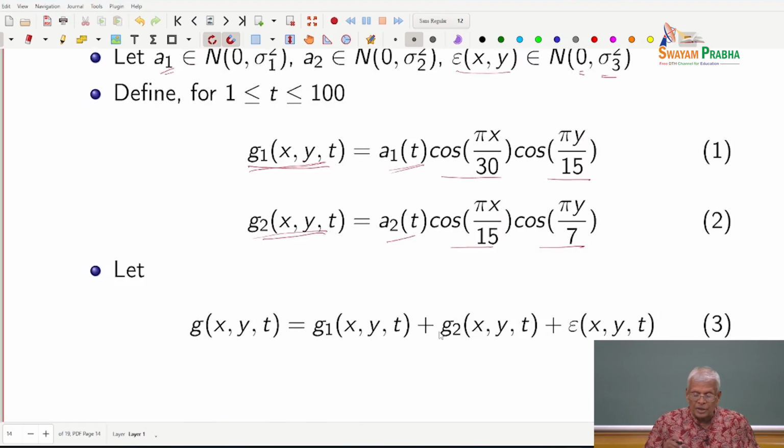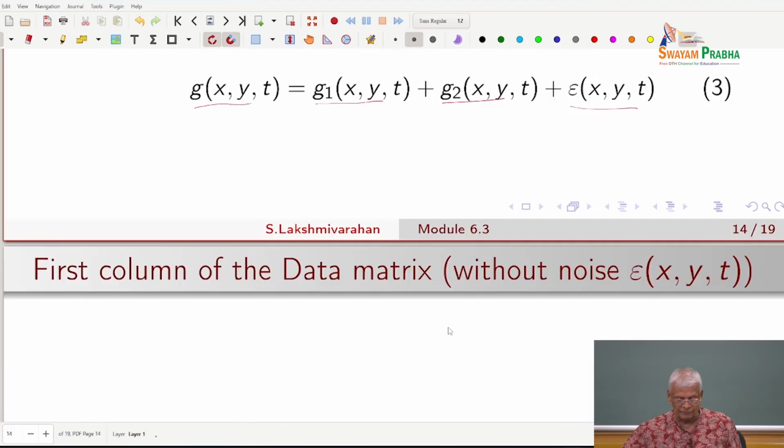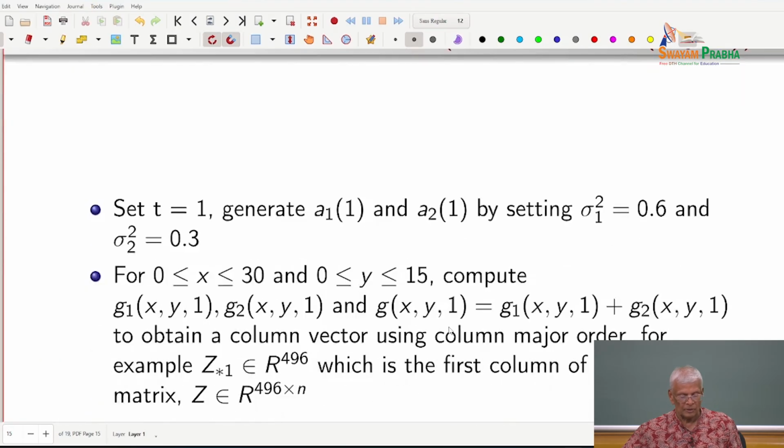Now, I am going to consider a signal G, which is the sum of G1 and G2 and the noise component epsilon x comma y and t. Epsilon x comma y and t is the noise. We already talked about the noise component. The noise component is again Gaussian. So, set t is equal to 1, generate A11, A21 by setting sigma 1 square is equal to 0.6, sigma 2 square is equal to 0.3.